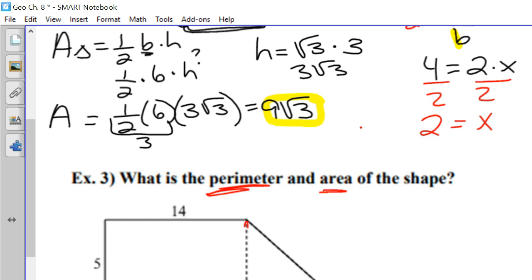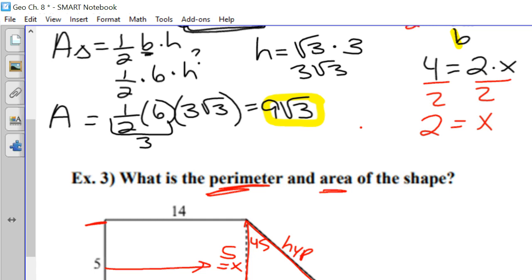Okay, my friends, this is a 45, 45, 90. This is the hypotenuse. This is the short leg. This is also the short leg. Just because they don't write the 5 on the right-hand side doesn't mean that it's not also equal to 5.